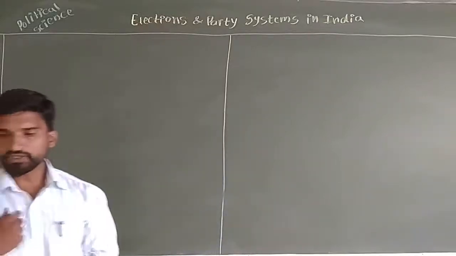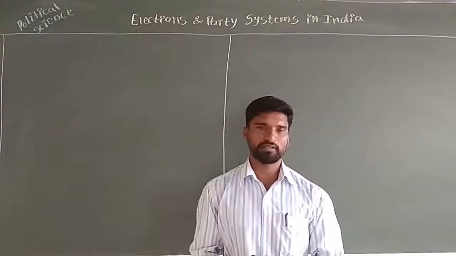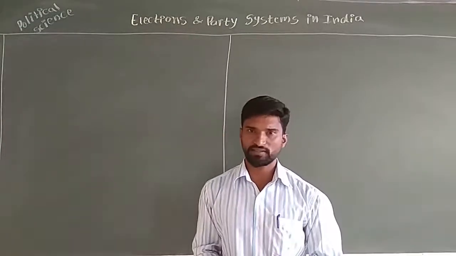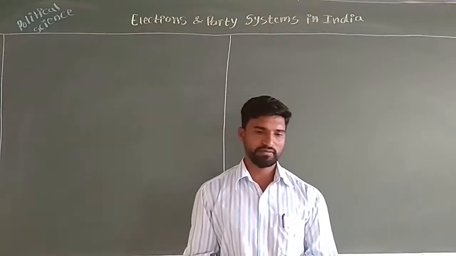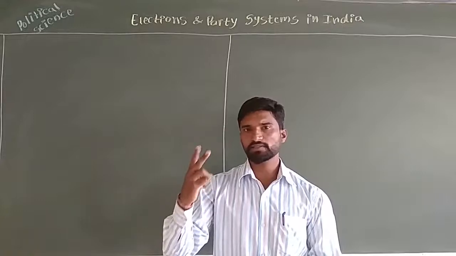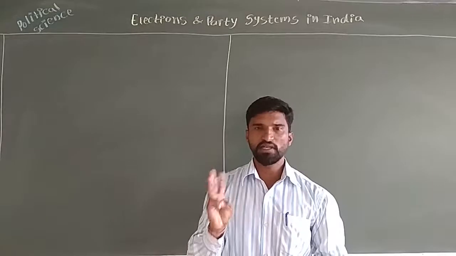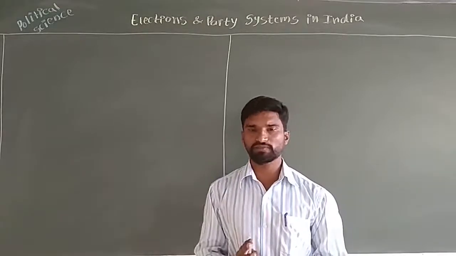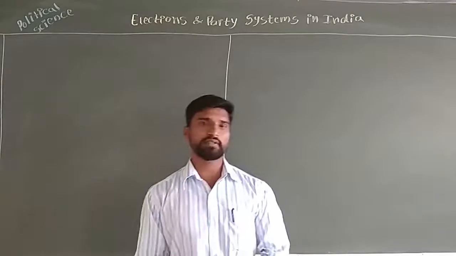Then electoral reforms, which consist of three important things. If you are going to contest for election, you have to submit three antecedents: criminal antecedents, property antecedents, and educational antecedents. Along with these three antecedents in electoral reforms, we are going to study two important things.